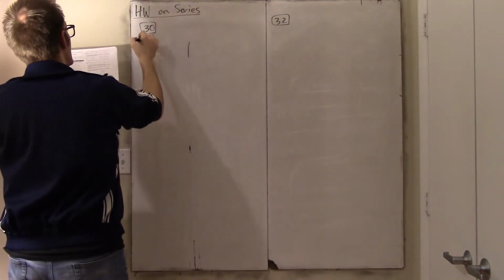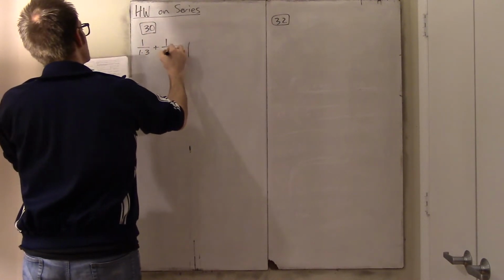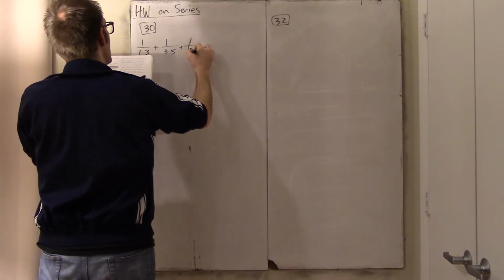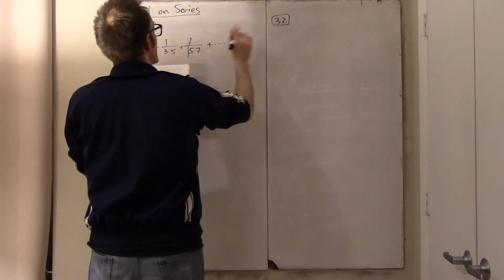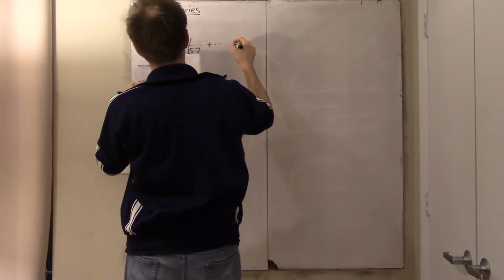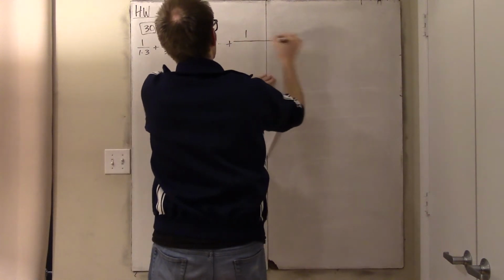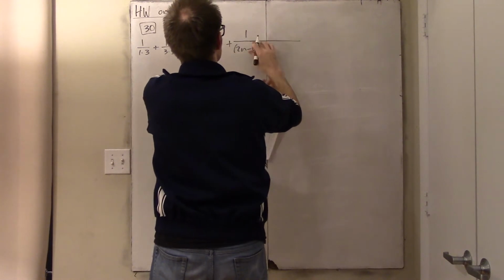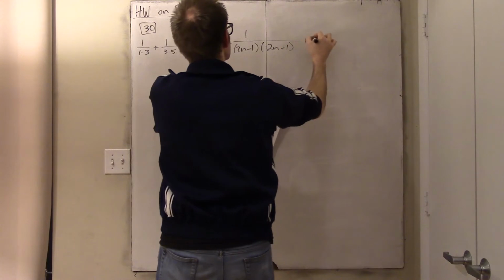It says 1 over 1 times 3 plus 1 over 3 times 5 plus 1 over 5 times 7 plus, maybe I don't have enough room to do this, plus 1 over (2n minus 1)(2n plus 1).